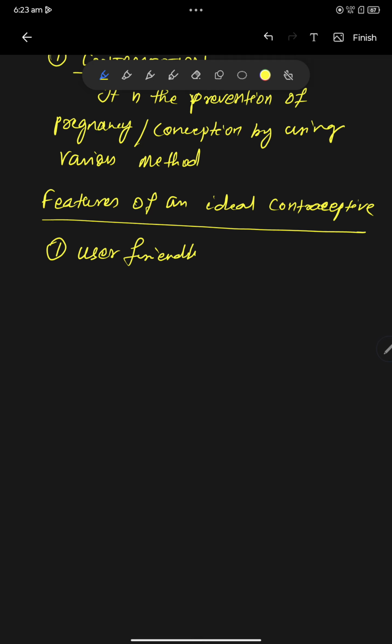I am giving only the points given in your NCERT. So please, students, note down this one. Don't write anything other than these points. Don't write any points from any reference book. Next one is easily available.